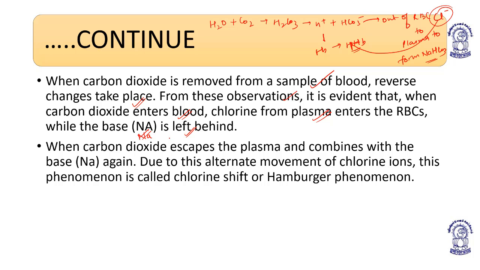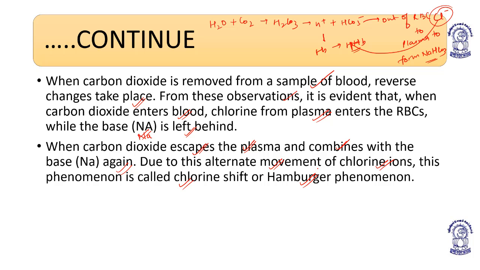The Na plus is left behind. When CO2 escapes from the plasma, it combines with the base again. Due to this alternate movement of chloride ions, this phenomenon is called chloride shift, or Hamburger's chloride phenomenon.